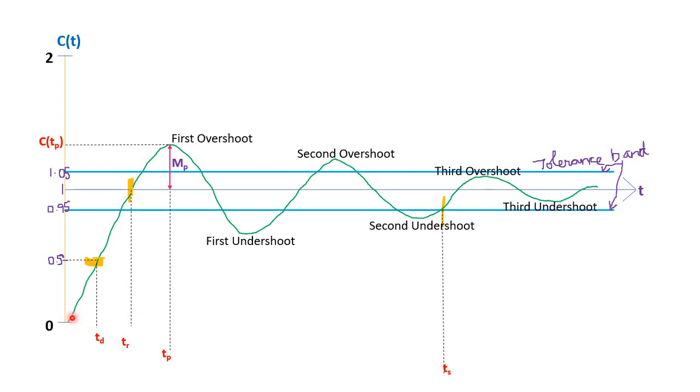Rise time: what is the time taken by the system response to rise from 0 to 100% of the final value in the first attempt? This is called rise time, because here it reaches 1 thereafter also, here and all. But in the first attempt, what is the time taken? That is called the rise time. In the case of an overdamped system, we call it the time taken by the system response to rise from 10 to 90%.